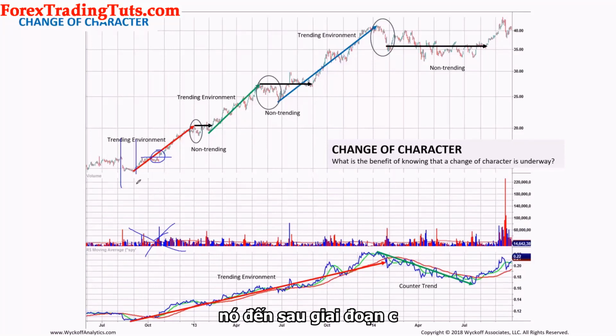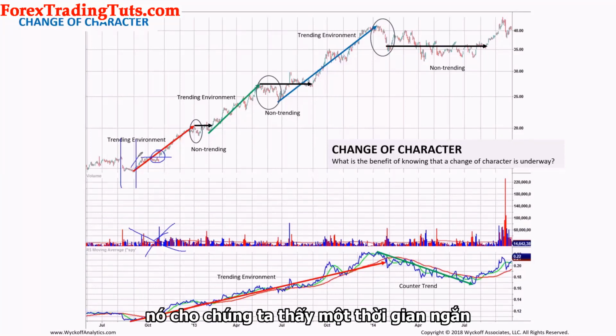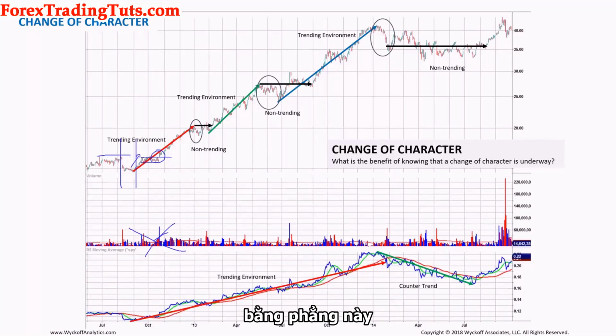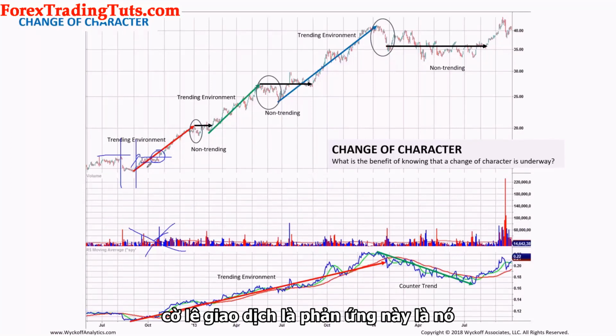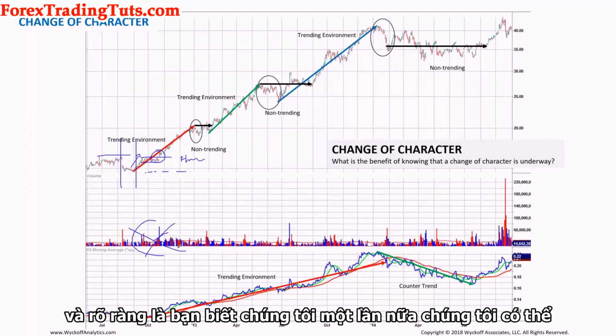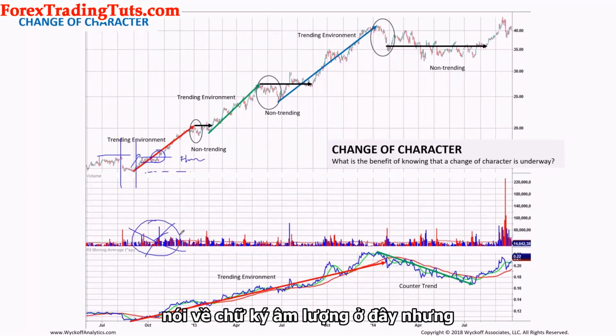It comes after phase C. It shows to us a short-term ability of the rally to come to the previous local resistance, and look how flat this trading range is, this reaction is. It doesn't come to the level of the support. It's all flat. And obviously, we could talk about the volume signature here, but maybe not for now.